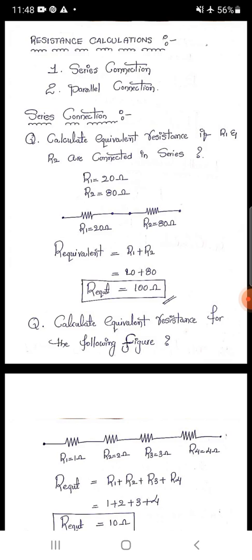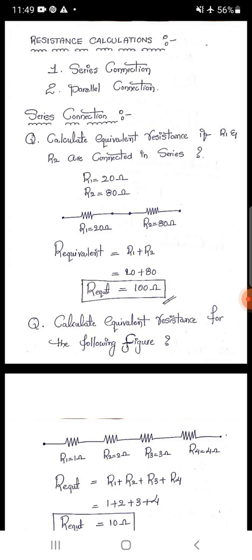Now the question: calculate the equivalent resistance if R1 and R2 are connected in series. The value of R1 is equal to 20 ohms, R2 is equal to 80 ohms. Whenever two resistors are connected in series, to find the equivalent resistance we can directly add the two values of resistances.